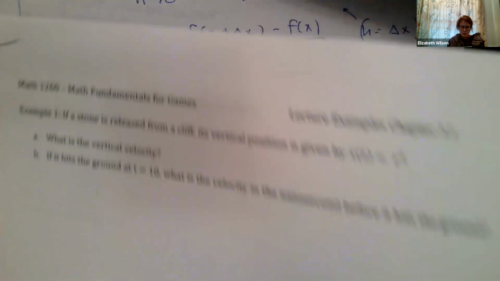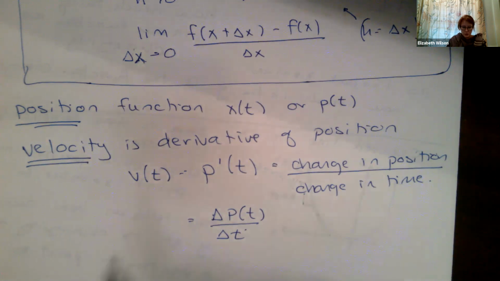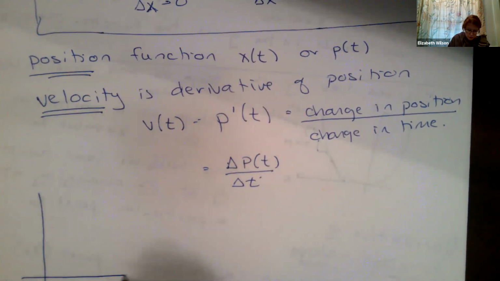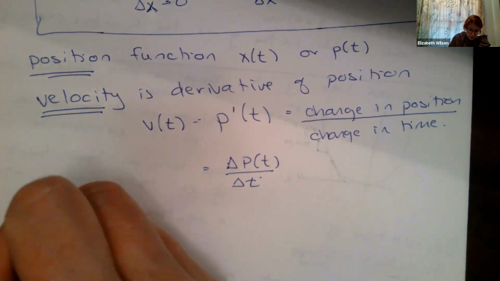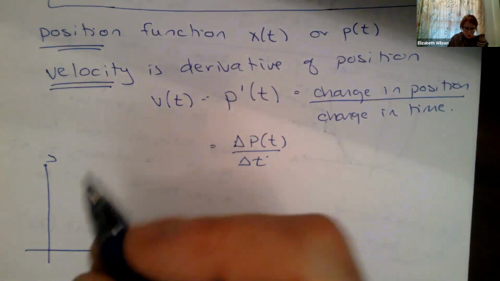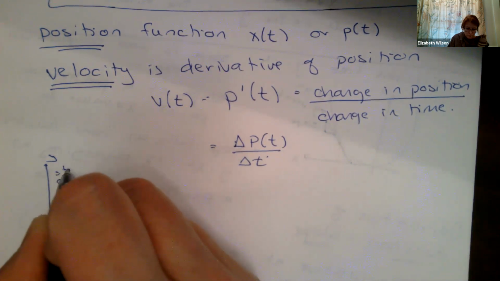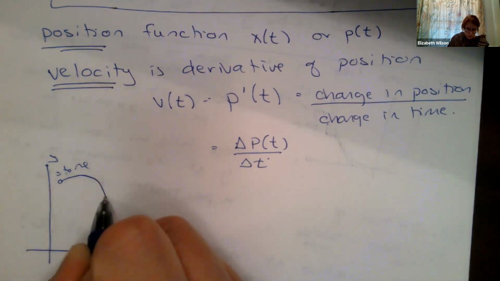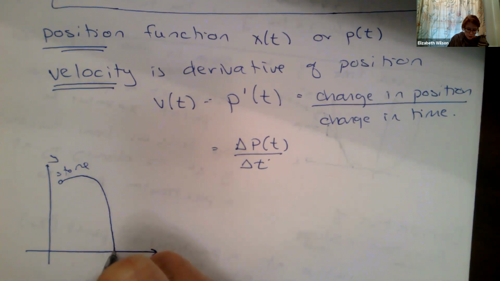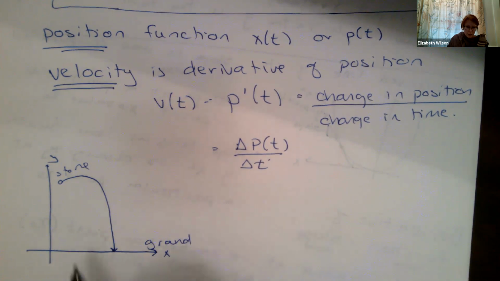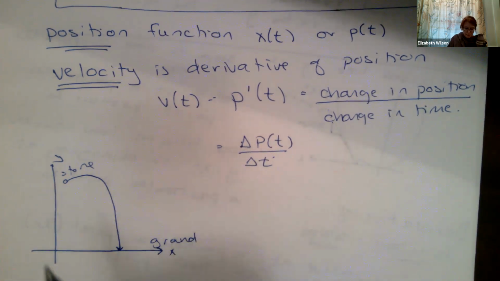here. Now we often talk about velocity and position in terms of x and y. So let me write this because you're going to need it. If a stone is thrown from a cliff, or it falls from a cliff and then drops to the ground, we're going to do this example in a minute.